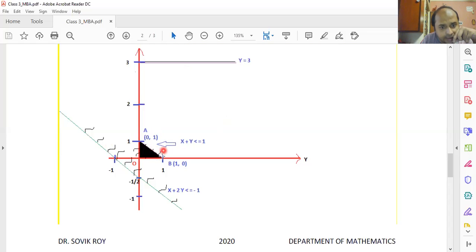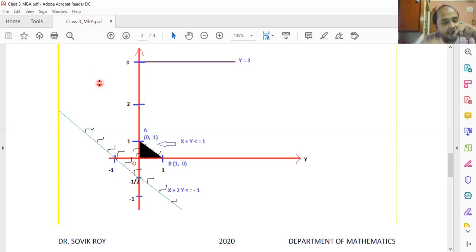This black triangular portion will be the common region bounded by this green colored straight line as well as this particular straight line. I have shown a few curves here, because if you extend the curves, you will see that part of the region also falls on this triangular portion. So that is the common part bounded by this straight line and that straight line.